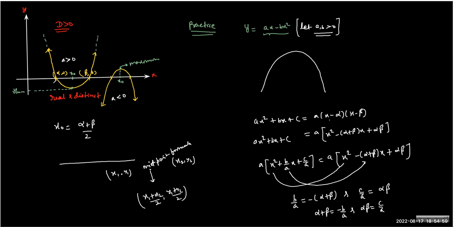So what is the coordinate of this point? Alpha comma 0. And of this point? Beta comma 0. So the graph is symmetrical. So the minima will be exactly between these 2 points, isn't it? For any symmetrical graph, the maxima or the minima will be at the midpoint of these 2 points.